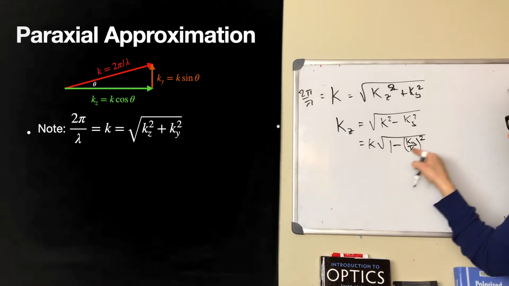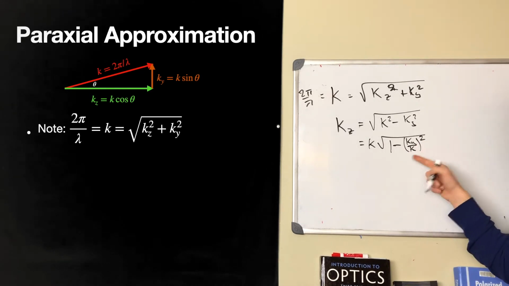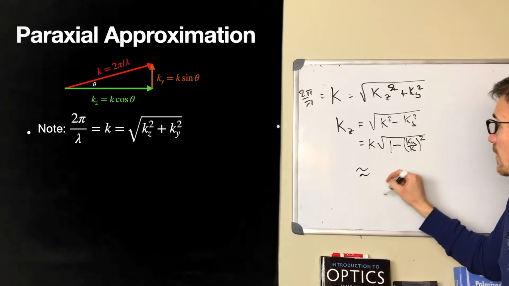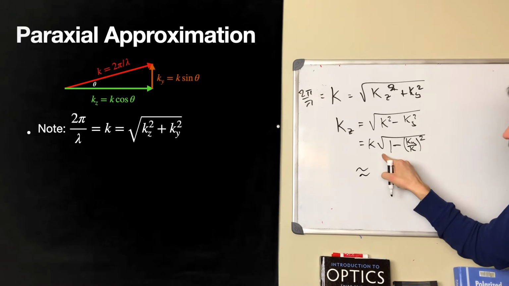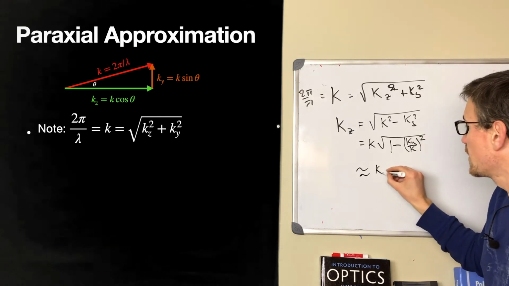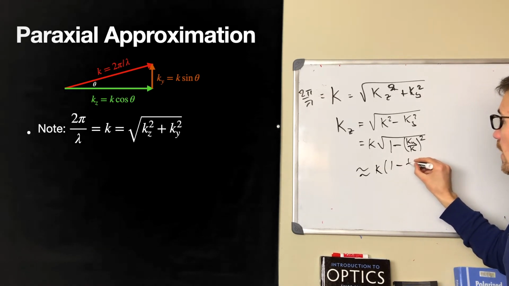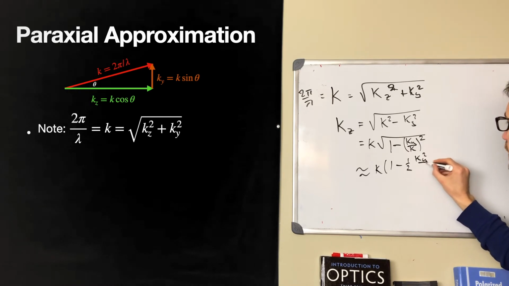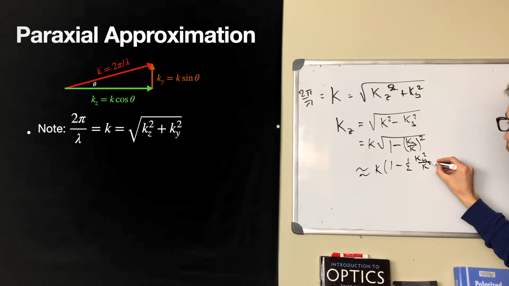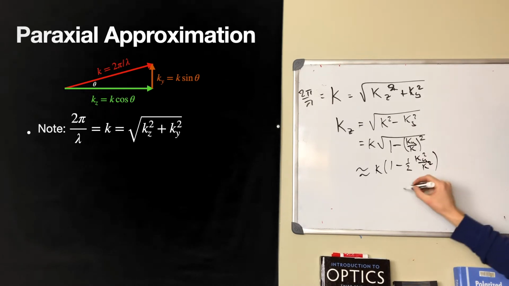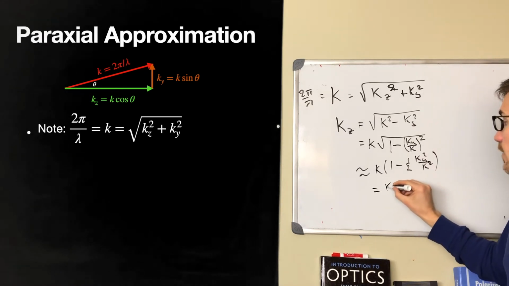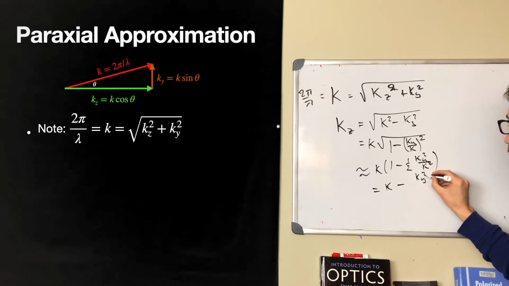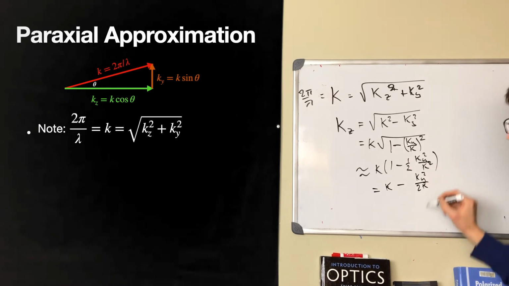But remember, this ky is small compared to kz and compared to k. So we can use the Taylor approximation of the square root here. That's going to be k times 1 minus 1/2 ky squared over k squared. And that itself is equal to k minus ky squared over 2k.